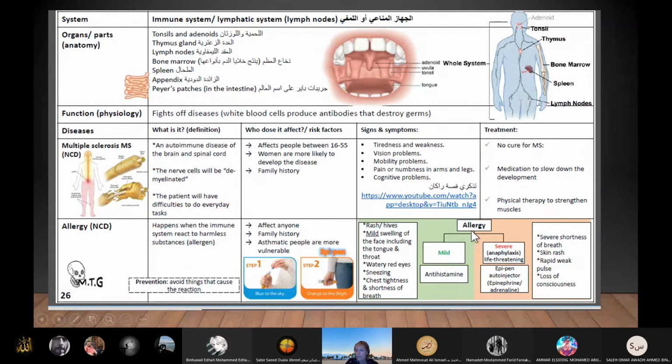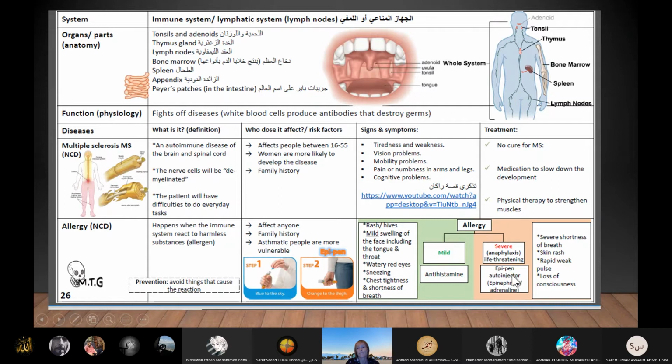So if we look at the ways that we treat allergies, we can either have antihistamines, okay? That is against the release of these immune cells, or we have a severe allergic reaction, which we call anaphylaxis. Anybody who has a severe allergy to something needs to carry their EpiPen or their auto injector of adrenaline.